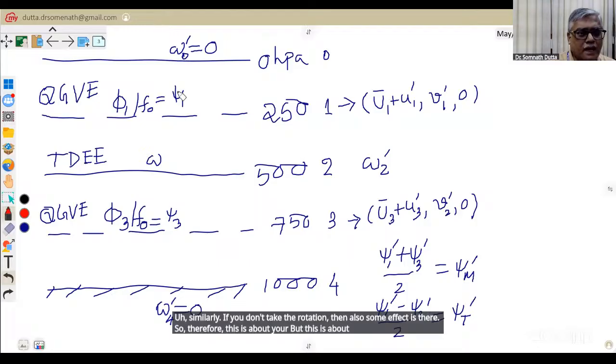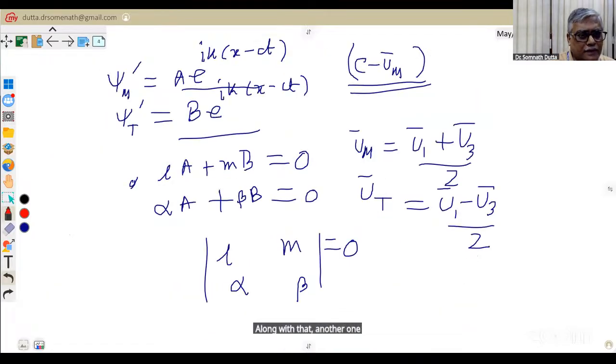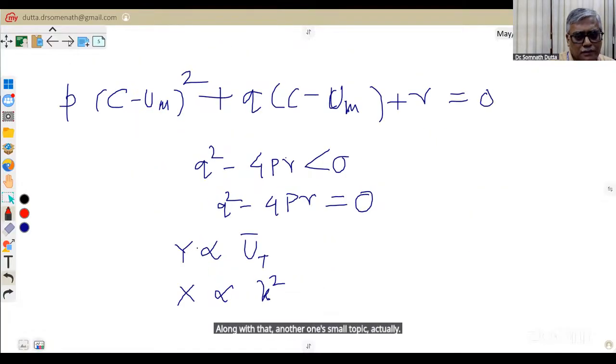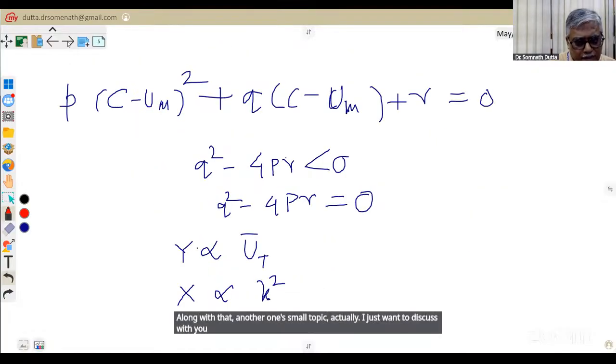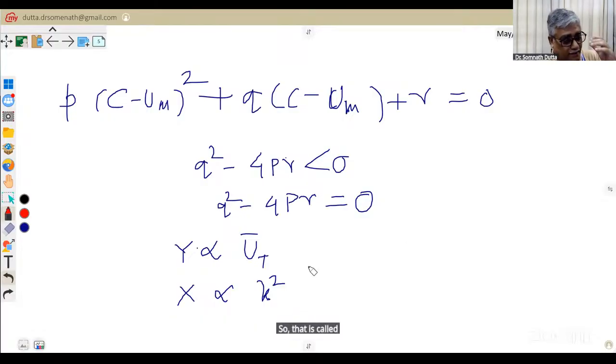So this is about baroclinic instability. Now, along with that, another small topic I just want to discuss with you, which is related to this one. That is called the zonal index.